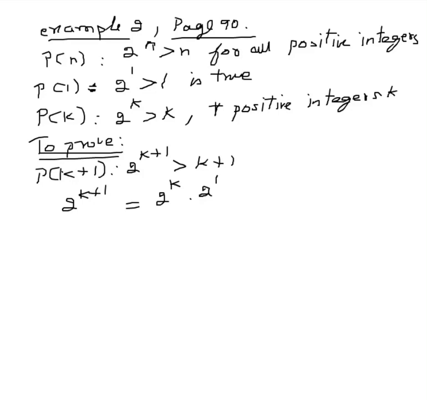Now I am going to replace 2 power k using the P of k statement. Since we have a greater than sign, I have to replace it by greater than k times 2. Now this 2k can be written as k plus k.